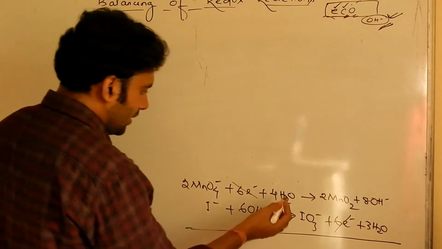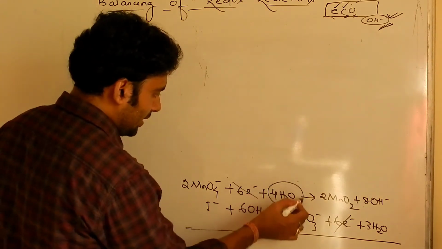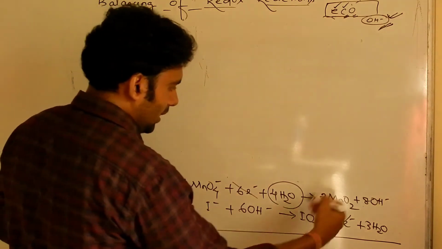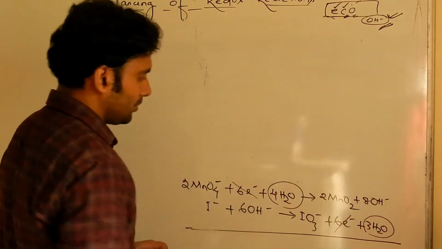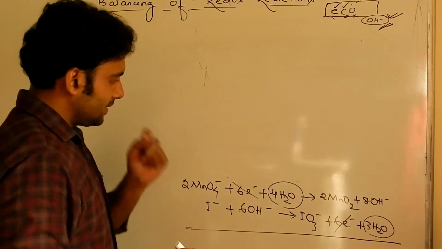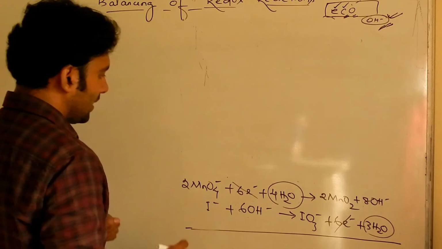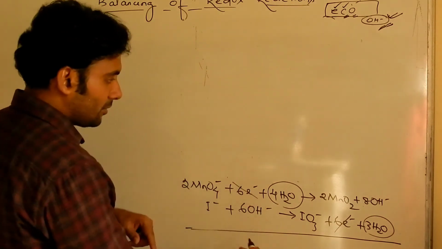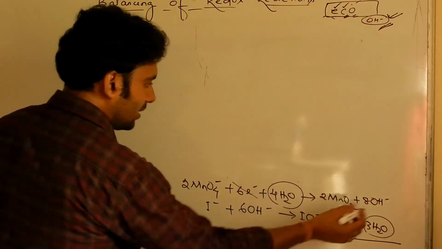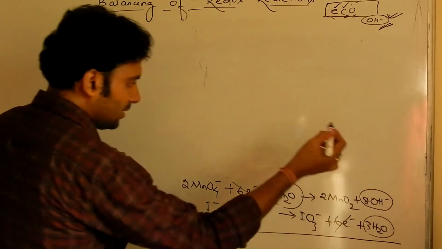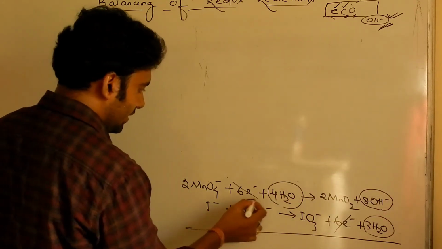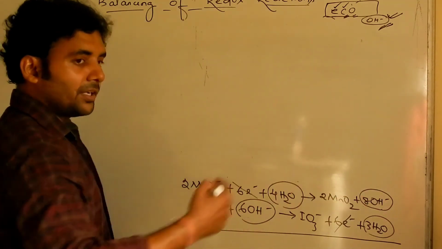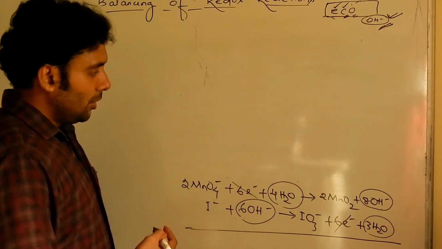You can clearly see on the reactant side there are 4 H2O, and on the product side there are 3 H2O. That means one water molecule is in excess on the reactant side. For OH⁻, in the product there are 8 OH⁻ and in the reactant 6 OH⁻. That means the product side has 2 excess OH⁻.